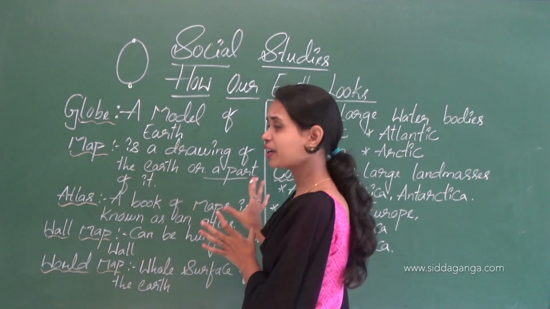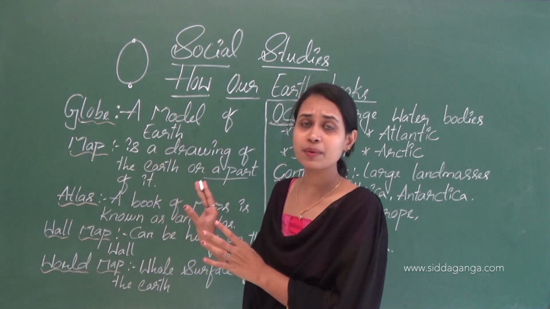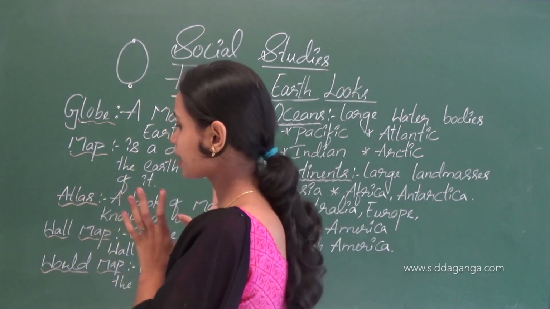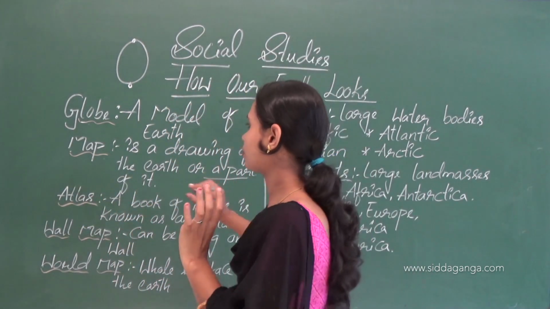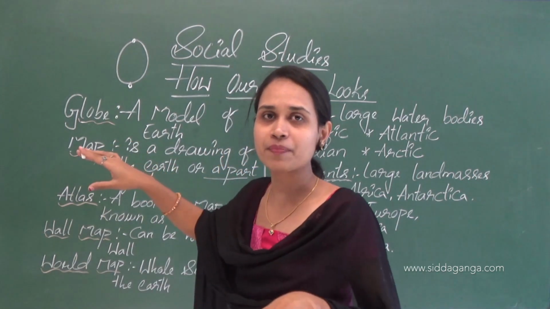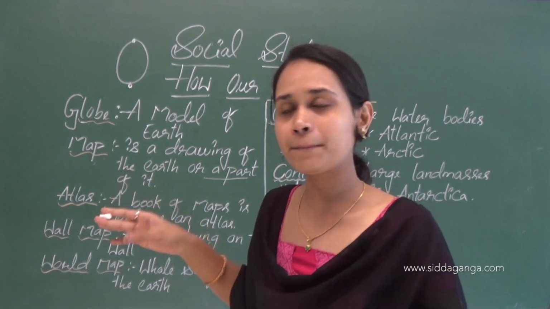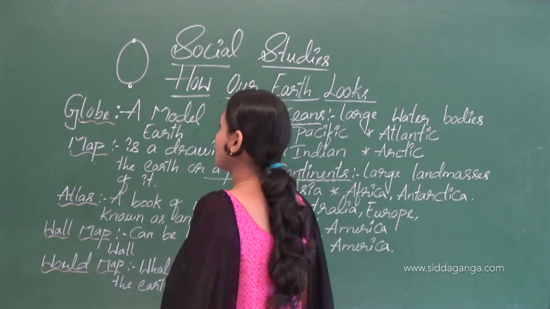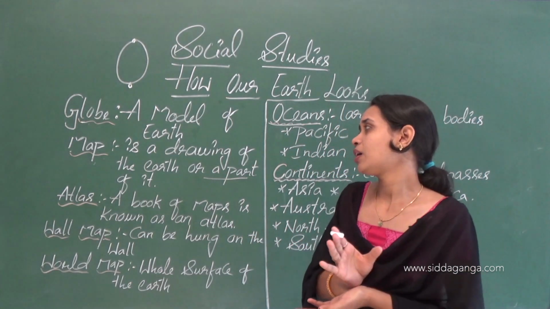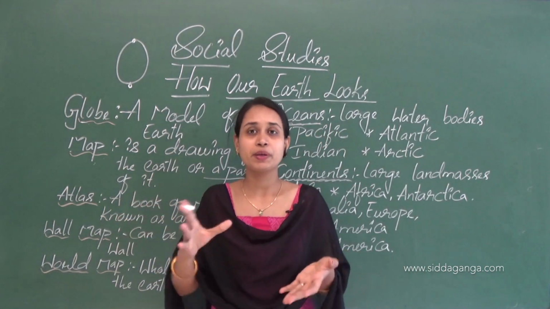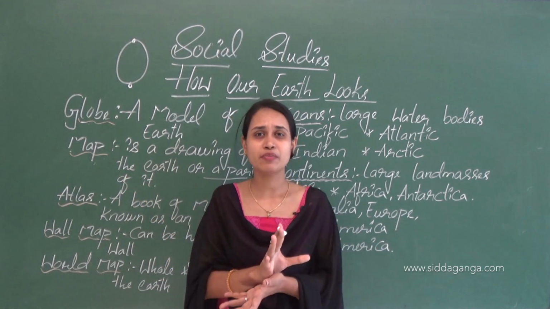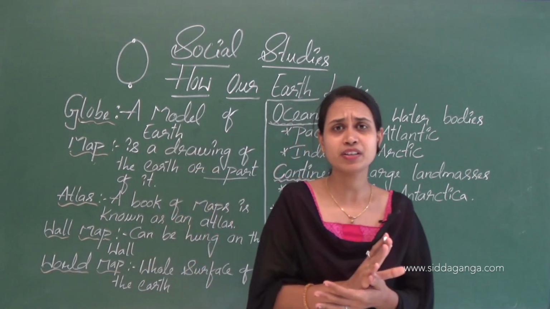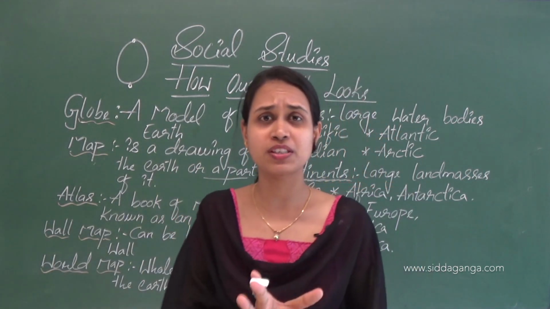It is a drawing of the Earth, and also it is a part of it. Maps can be carried anywhere easily. Some maps are big while others are small, depending on which map we are choosing, isn't it?